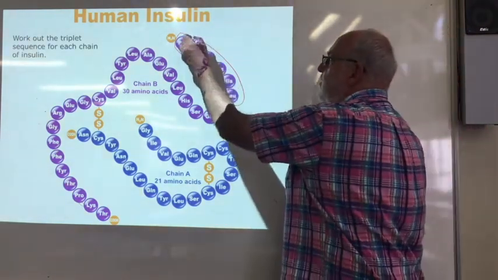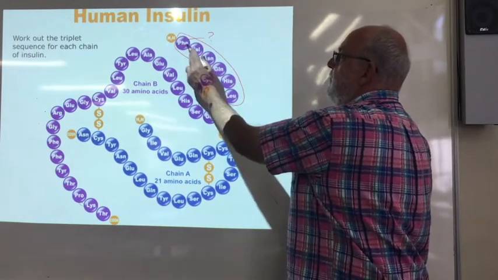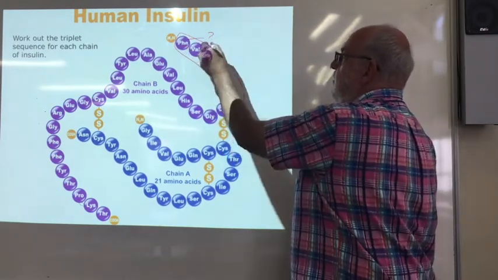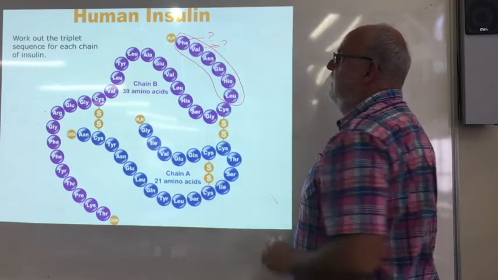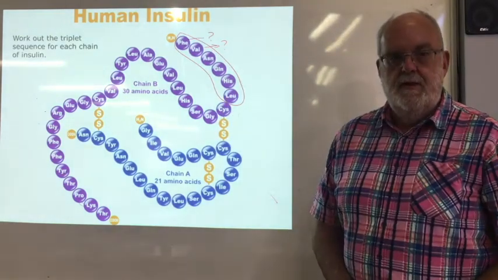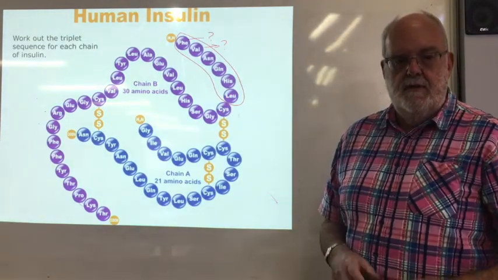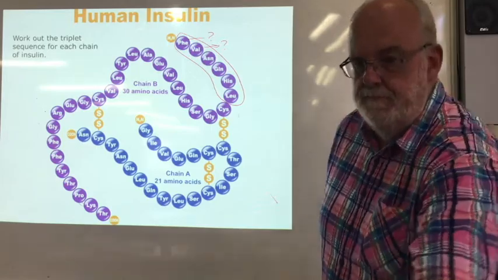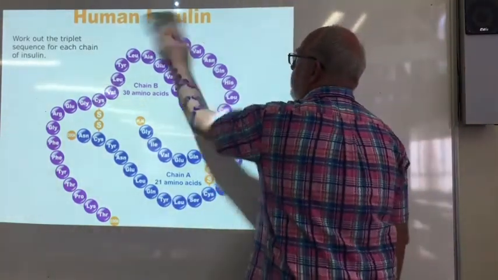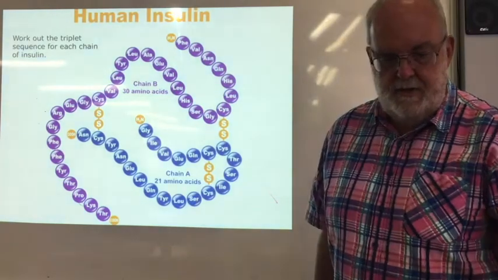So what's the triplet code for phenylalanine? What's the triplet code for valine? And so on. You can do that as part of this week's prep work, using the chart at the back of the textbook.